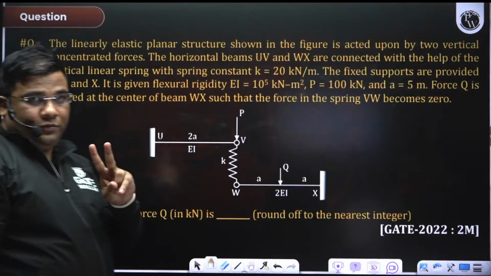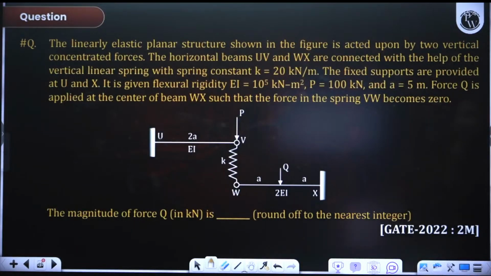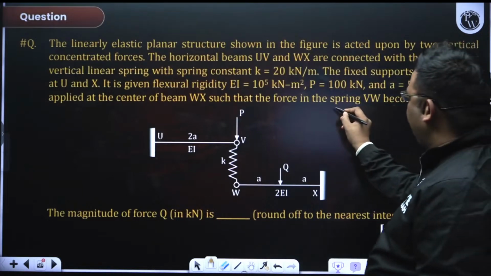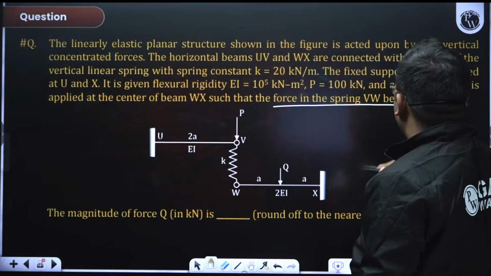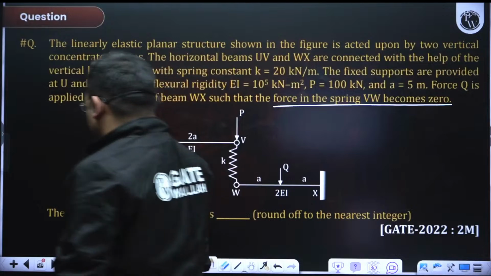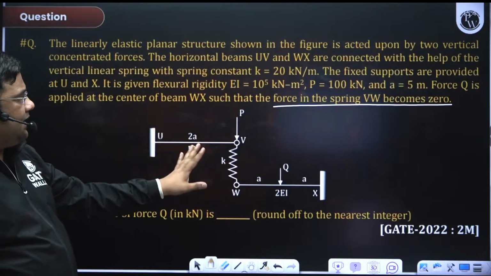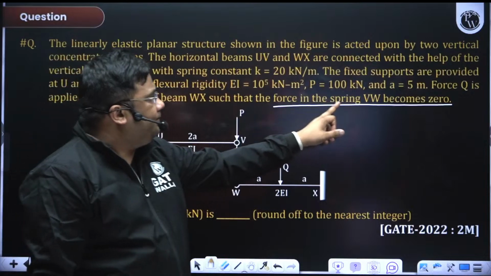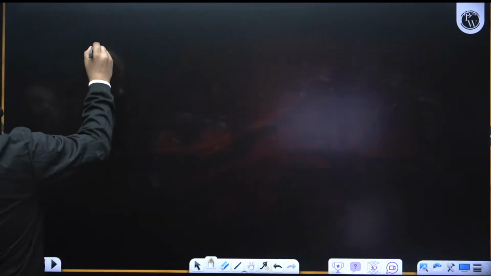Like these two questions we will solve now. Two difficult questions we will solve now. See this question carefully. Many things are given in this question. But what is given? That the force in the spring becomes 0. There is some arrangement, and they are writing that the spring force is 0. So I will redraw this particular thing.